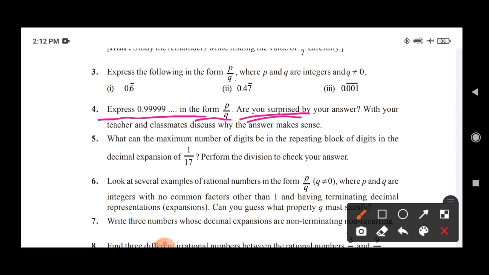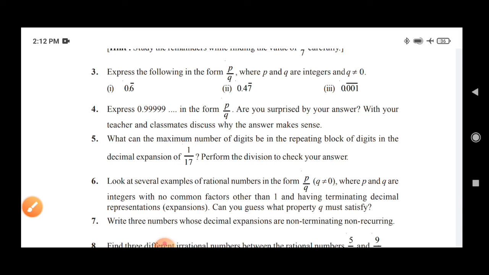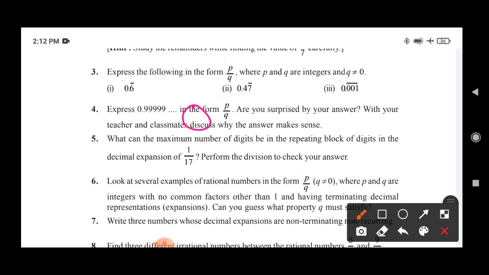So in the exam, if this question arises, they will not ask you this second part, they will ask you only this first part. This first part, if you write it in short form, you will find 0.9 bar. So you can see the bar stands only on one digit. In this case also both sides will be multiplied by 10. It is also the same as example 7.